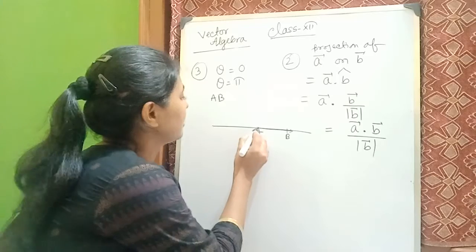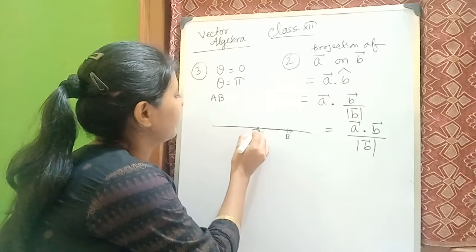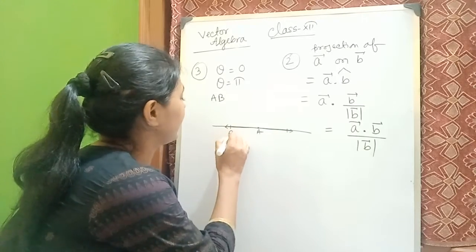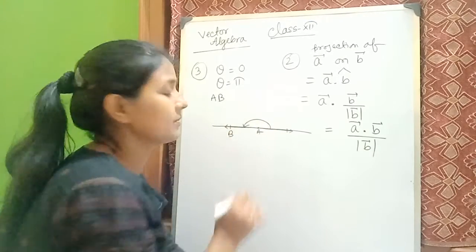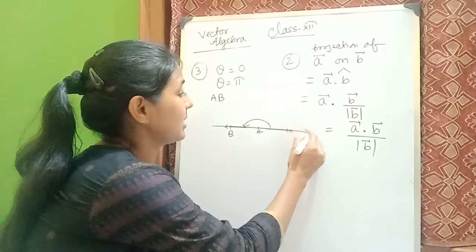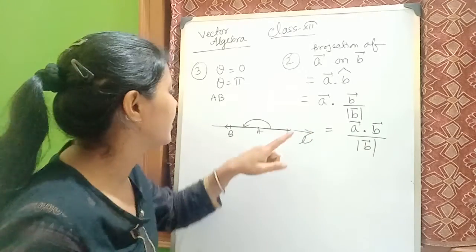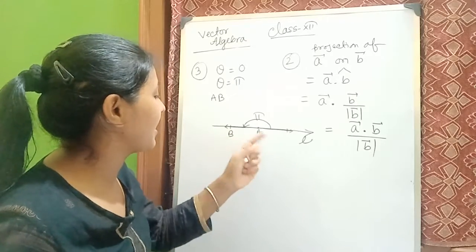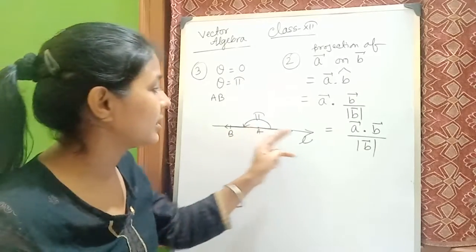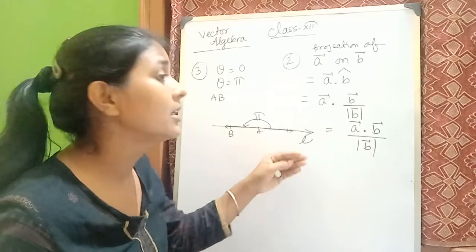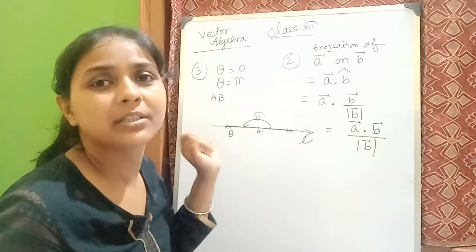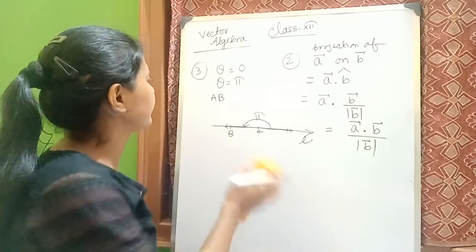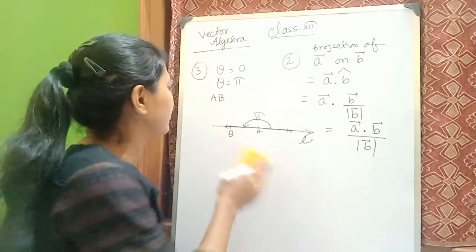And if B is here, then the angle is pi, because the directed line L is this side, its angle is pi, then the AB vector will be negative of L, taking the opposite direction of the directed line L. So the projection is AB again, projection is always AB.